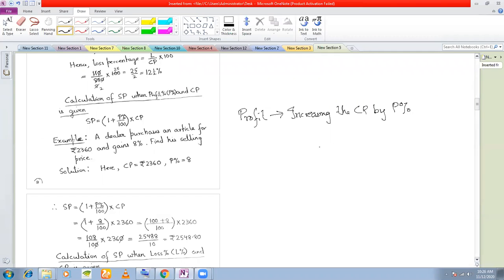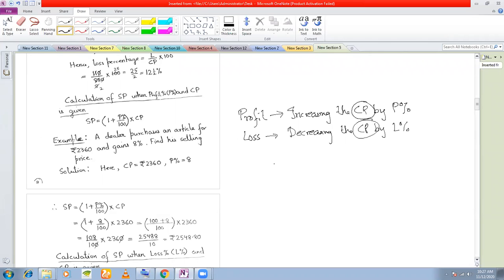And when we are making a loss, what is happening? We are decreasing the cost price by the loss percent. So if you see, in both the cases cost price is involved. You increase the cost price by the profit percent, you get the selling price. You decrease the cost price by your loss percent, you get the selling price.